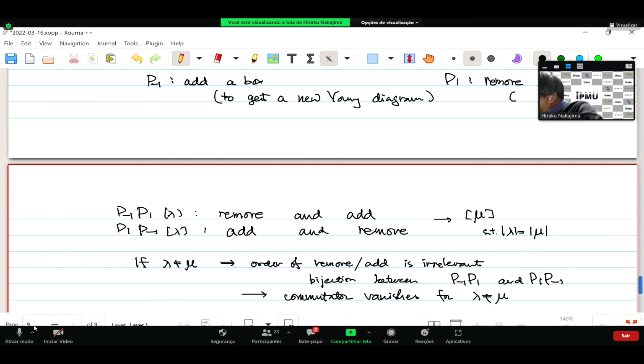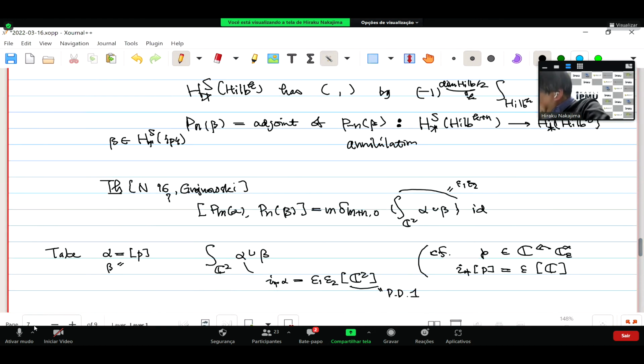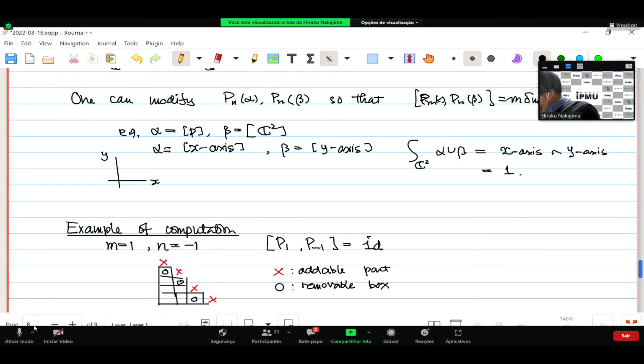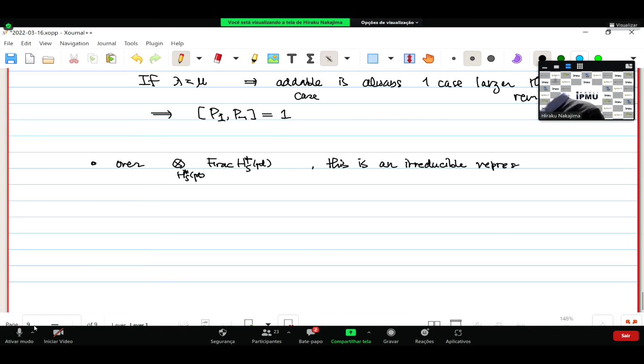And also, because we know the dimensions of the equivariant homology group, at least if you tensor with the fraction field, you can show that this is the Heisenberg algebra. And also more by more works.